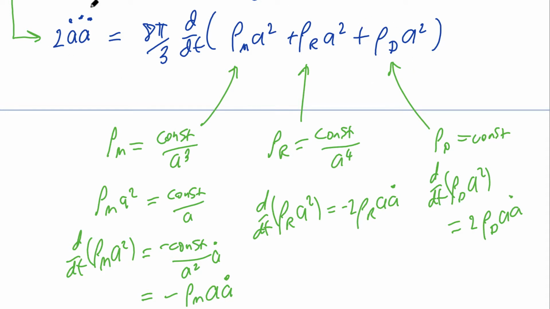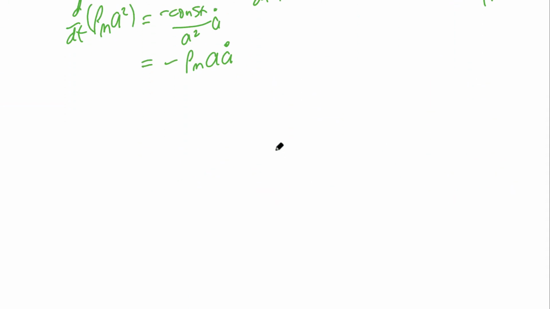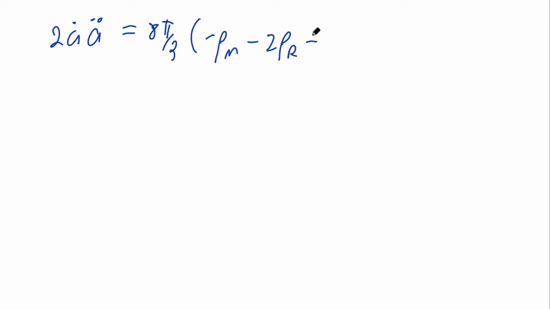Now if we put all that together, this equation becomes 2 a dot times a double dot equals 8 pi over 3 times minus rho m minus 2 rho r plus 2 rho d times a dot.